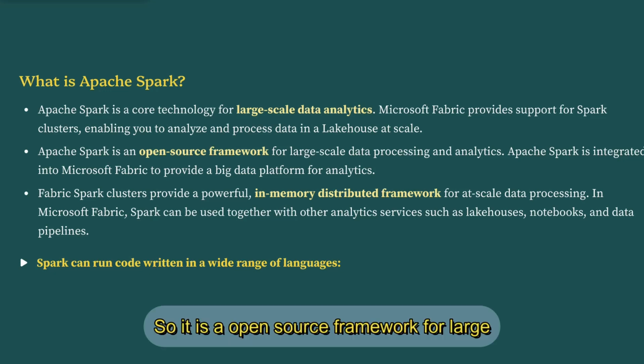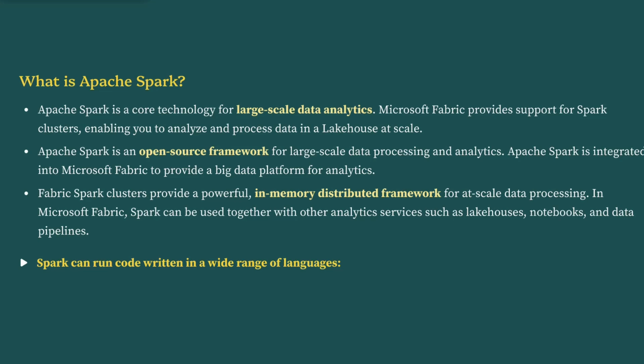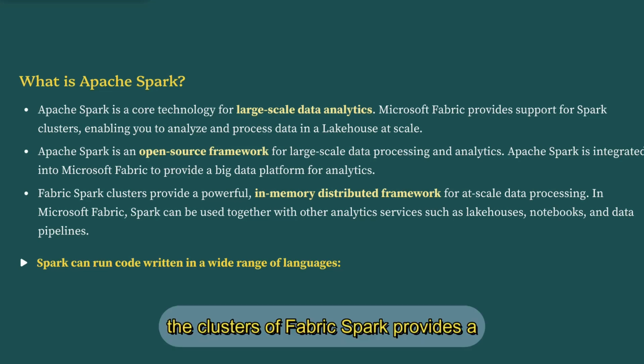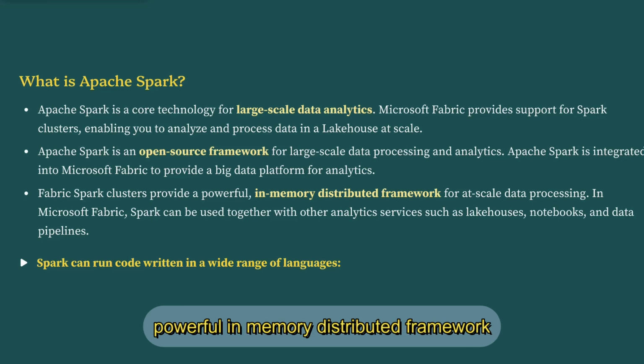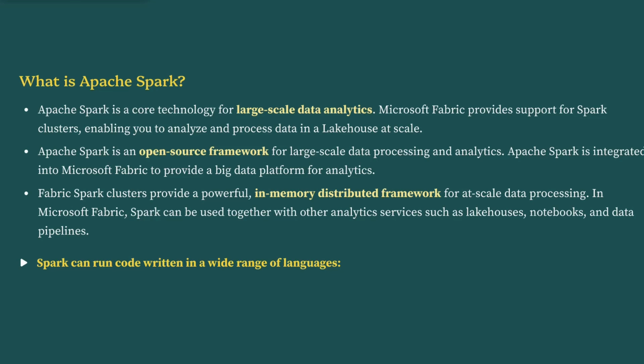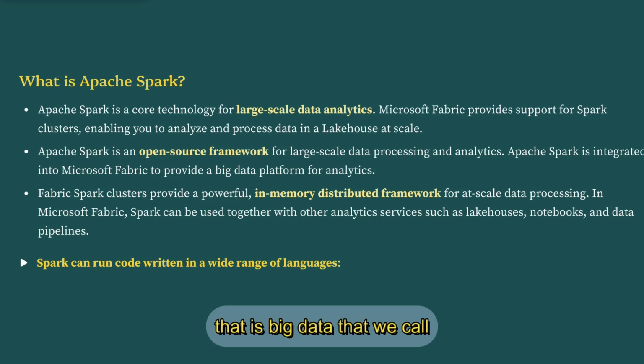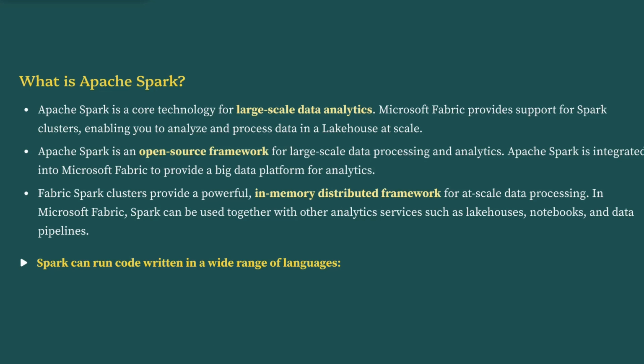It is an open source framework for large scale data processing and analytics. Also, the clusters of Fabric Spark provide a powerful in-memory distributed framework for at-scale data processing. So these 3 definitions prove that Apache Spark is meant for large data, that is big data that we call, right?